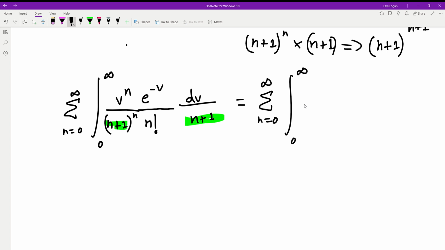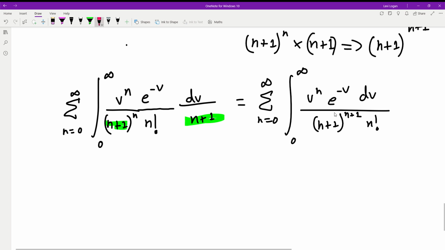And I pretty much have v to the n e to the negative v dv on (n plus 1) to the power of n plus 1 on n factorial. Now what I can actually do is take the bottom half out the front, because it's independent of our variable here.